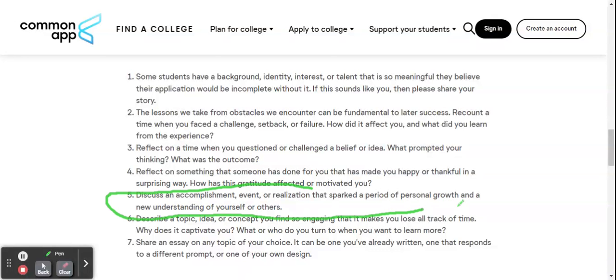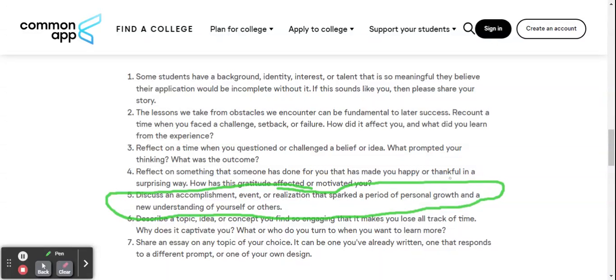Okay, moving on to essay number 5, this prompt. Again, remember, you are writing about you and figuring out who you are, figuring out your values, your qualities as a person, and then going back and looking at the prompts and determining which one or two you fit the best.